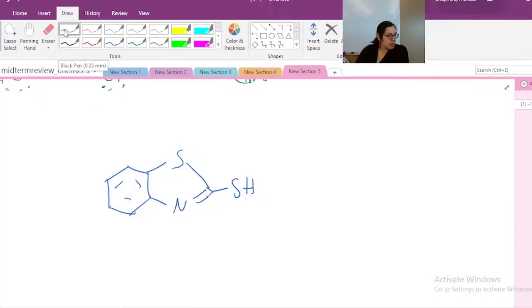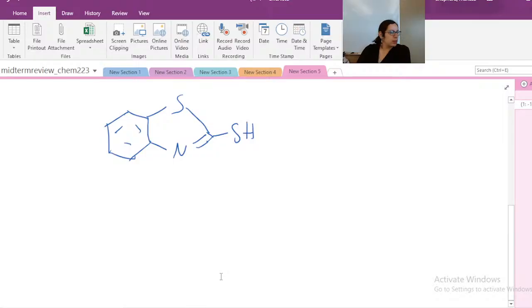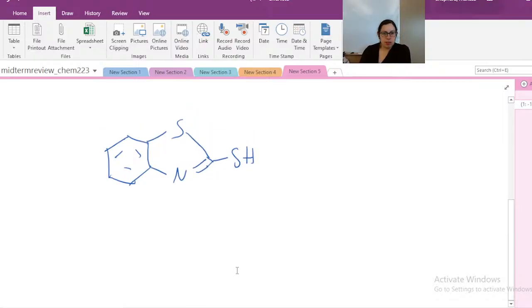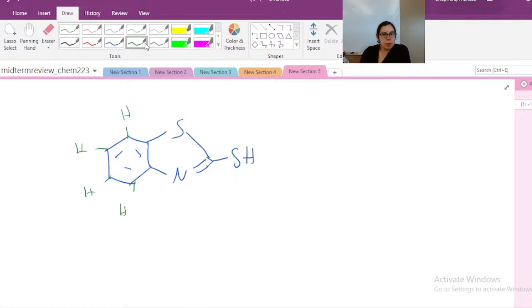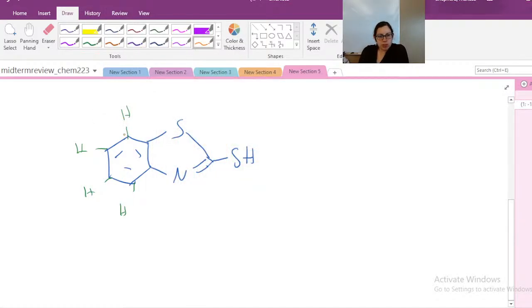All right, and then how did this one go? I was kind of cruel and didn't show all these hydrogens, so you had to remember to fill those in. Depending on how you wanted to analyze it, I'd probably just start at each carbon.